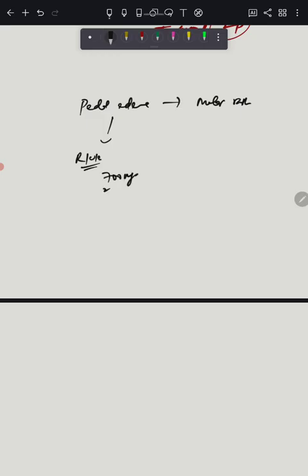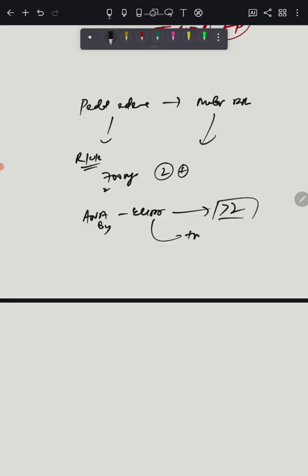You see, it was 700 milligrams, and there was this malar rash. So at least 2 clinical criteria were present, and I did ANA by ELISA. It came out to be more than 2 times the upper limit of the reference range, and I labeled it as positive. So this patient is a case of SLE.